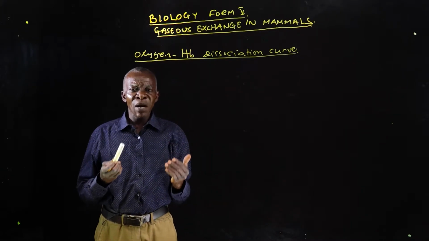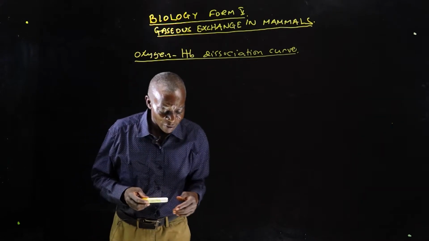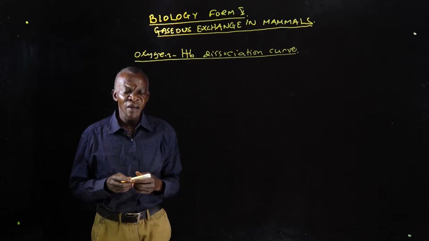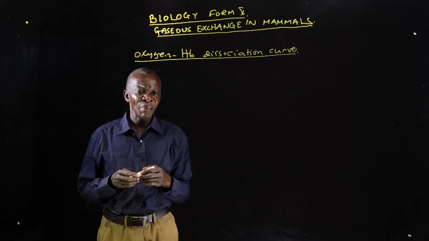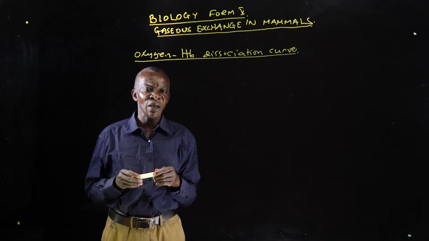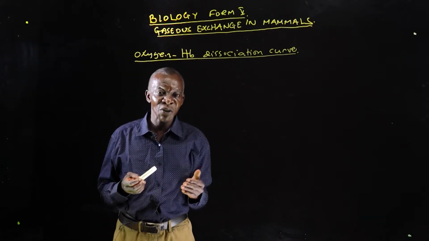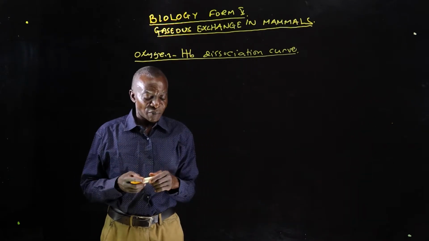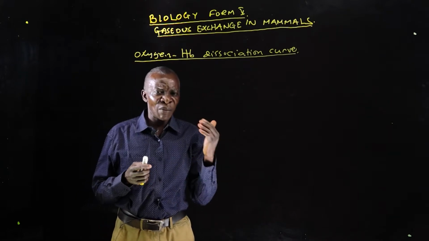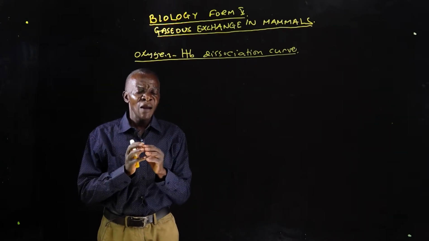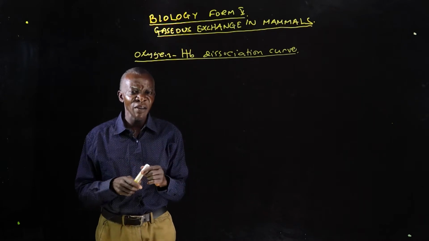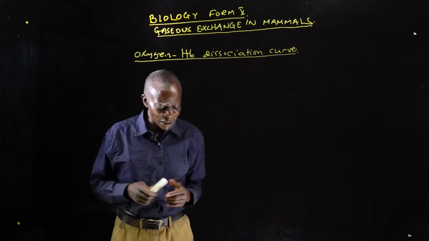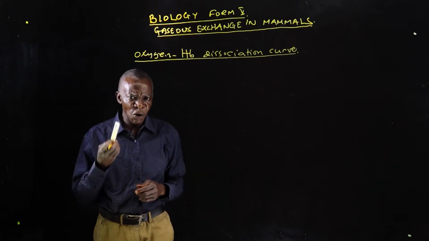Well, the amount of oxygen that combines with hemoglobin is determined by the percentage saturation of hemoglobin with oxygen.